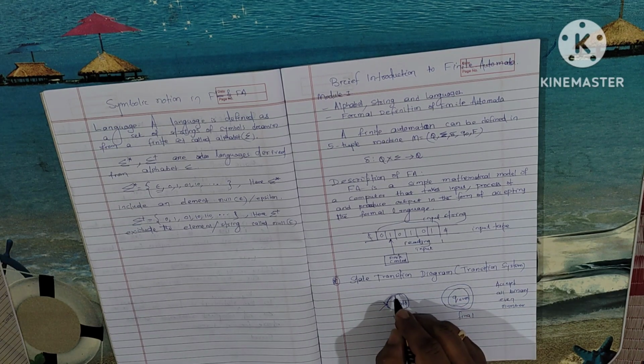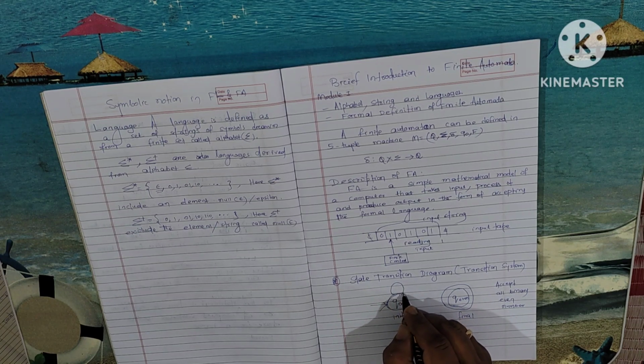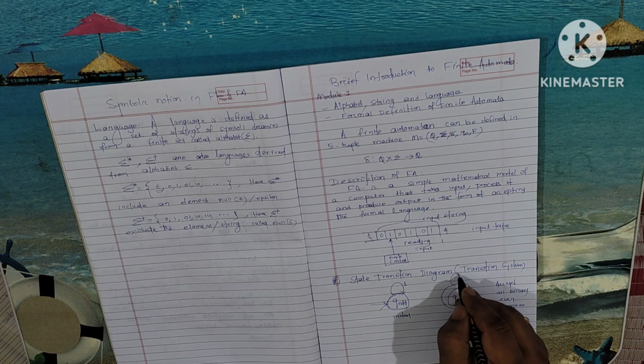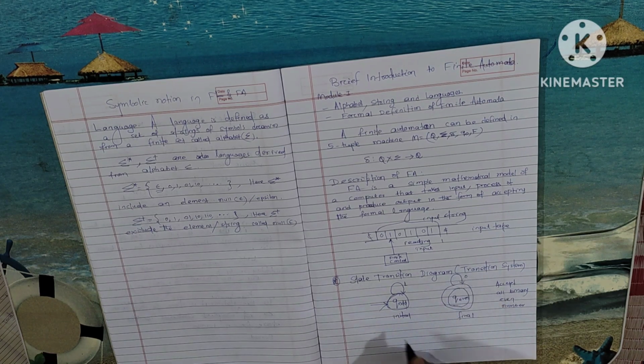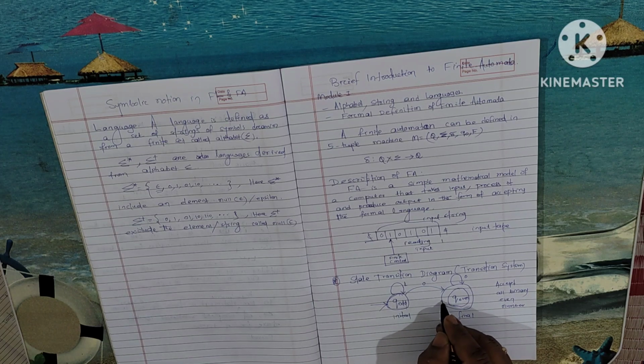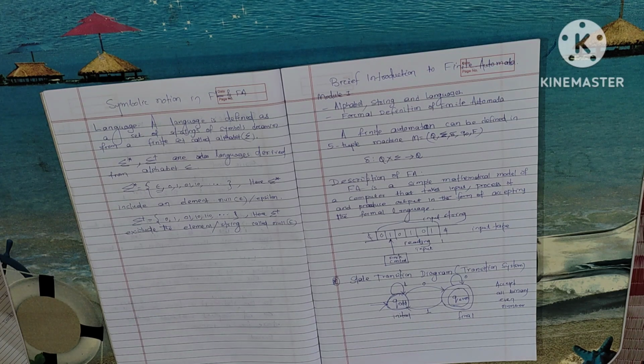All of you know that if you consume 1, it will go to the odd state. Consume 0, it will go to the even state. If you are in the q odd state, on consuming 0, it will go to the q even state. From the q even state, if you consume 1, you will go to the q odd state. This is the state transition diagram.